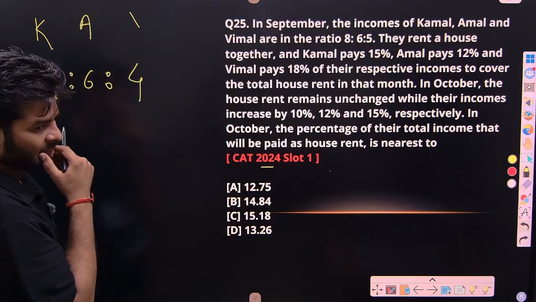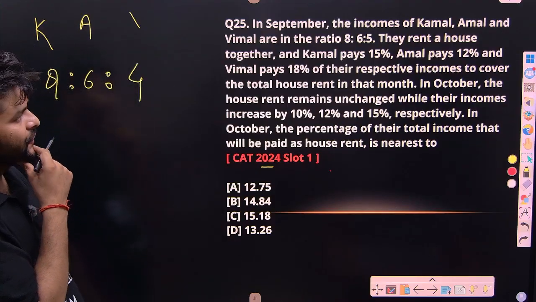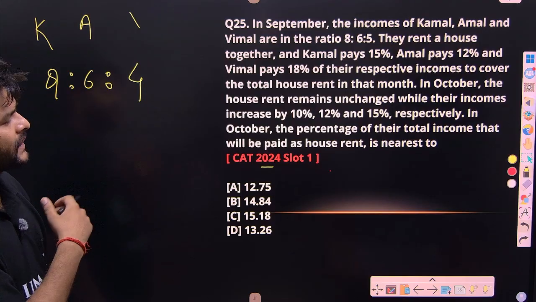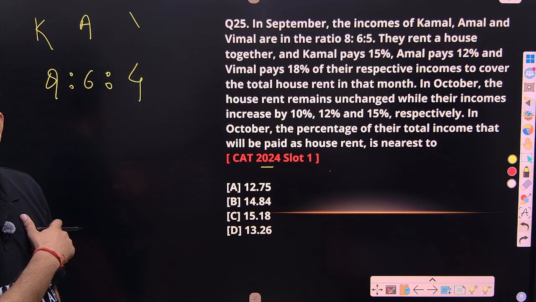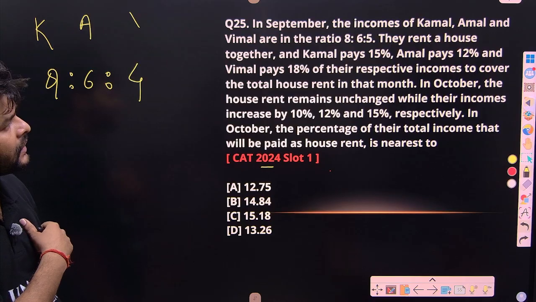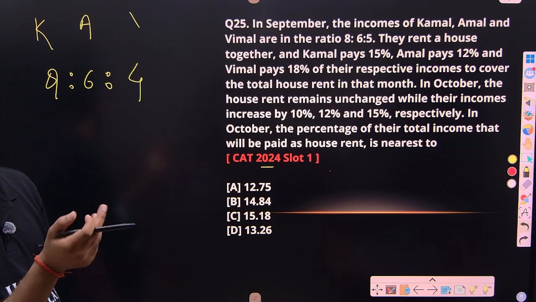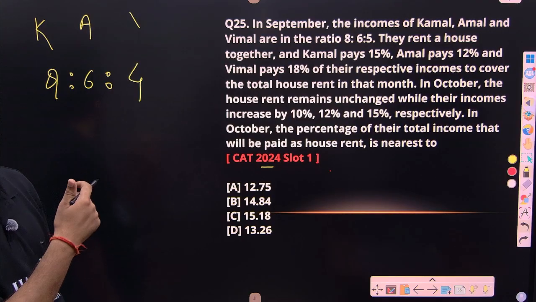This is the ratio of the income of these three ladies. They rent a house together, all three jointly take one room, the room rent. And Kamla pays 15%. You all know well, 15% is tough to find out of that number.